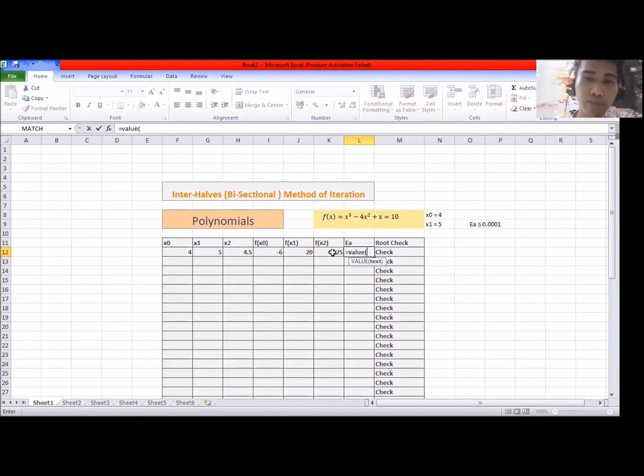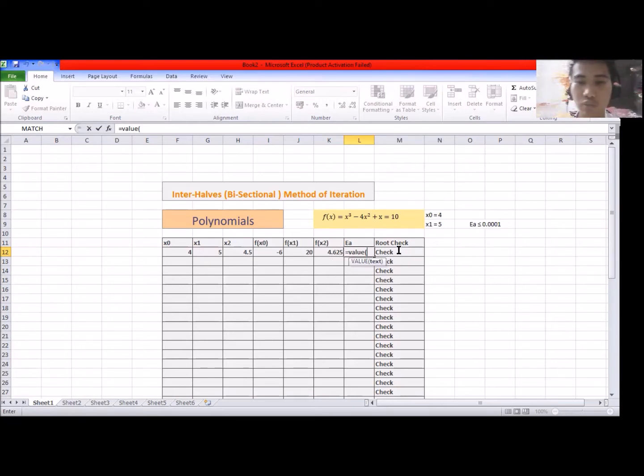Because when I type equal in this cell, it will show even the formula itself. But in the case of value, the main value of the cell will be used.